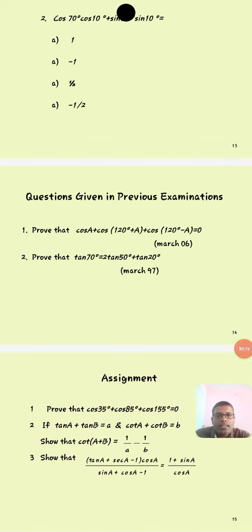Using that condition, take the common factor of secant A minus tan A, and after simplification we get the RHS, 1 plus sin A by cos A.